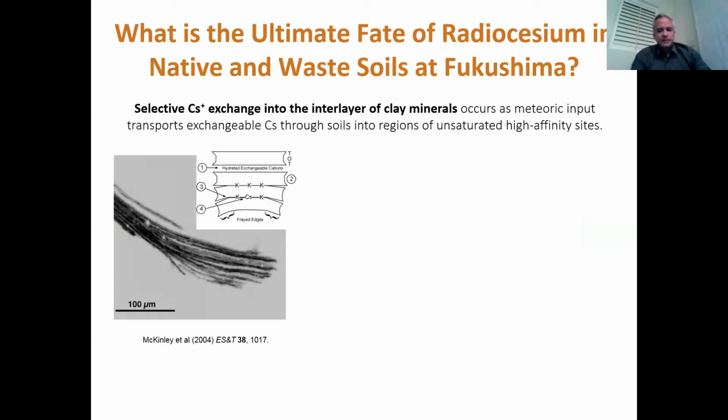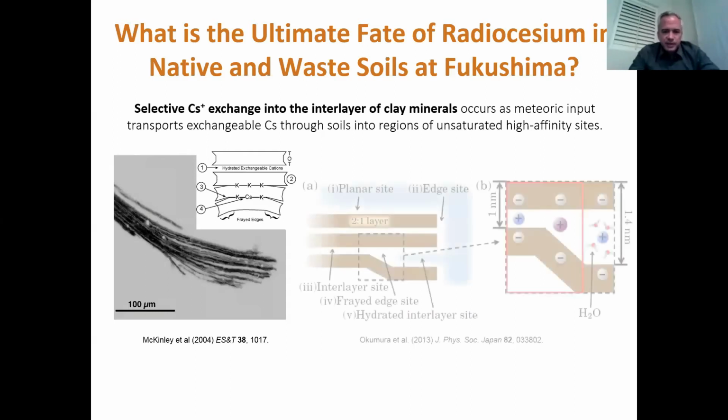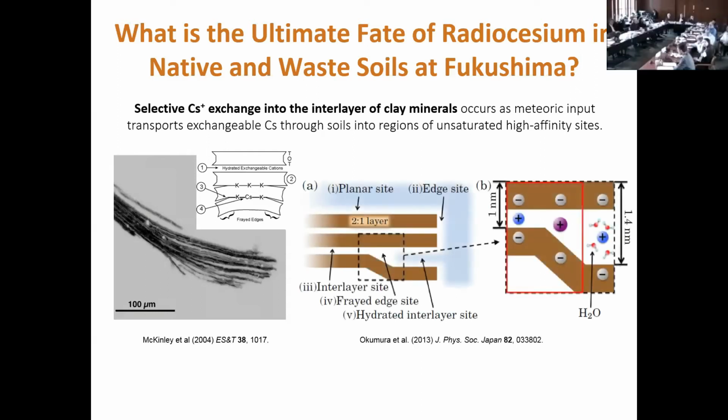I know Peter talked a lot about organics, and obviously in soil you've got a lot of organics, a lot of tree litter, a lot of things of that nature. But ultimately we know that cesium will eventually migrate into the very selective sites of clay minerals, frayed edge sites. It's an ion exchange reaction. The cesium will kick out a native alkali cation such as potassium, preferentially, and strongly bind into these edge sites of these clays.